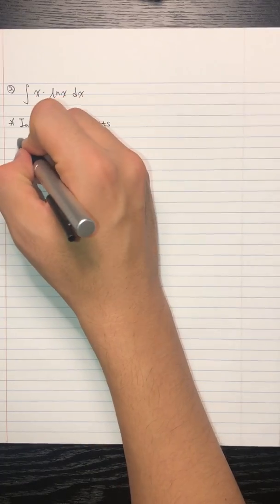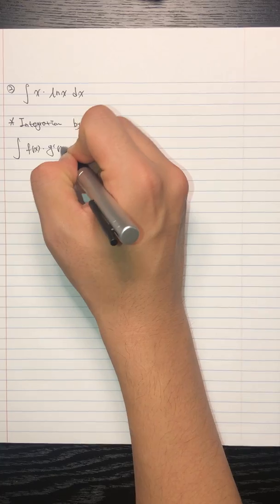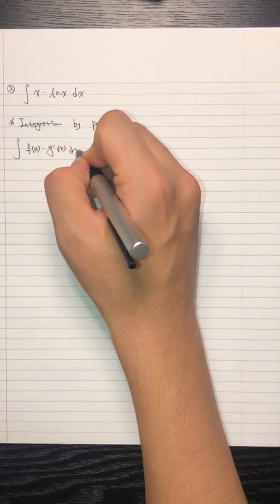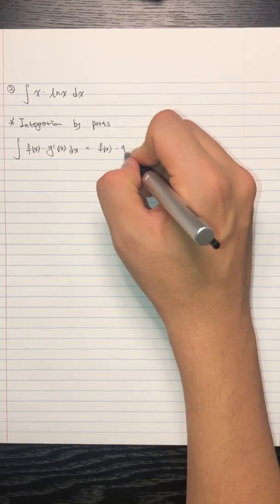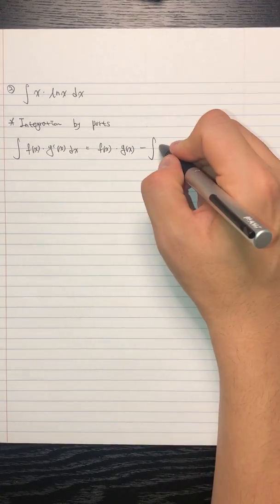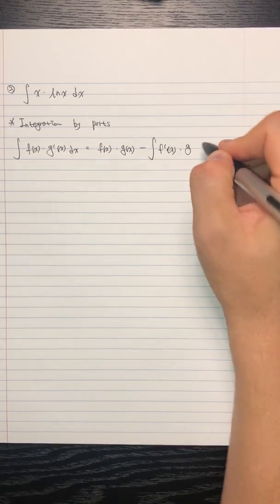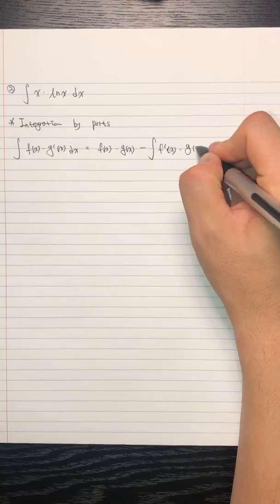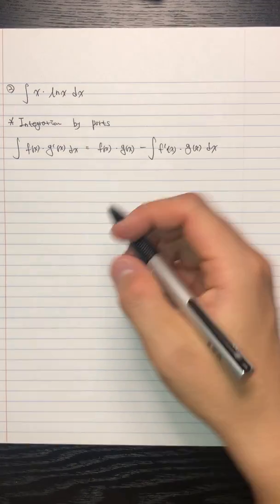Integration by parts: the integral of f(x) times g prime(x) dx equals f(x) times g(x) minus the integral of f prime(x) times g(x) dx. So we can use this here.